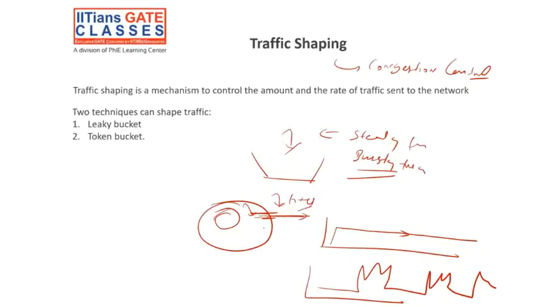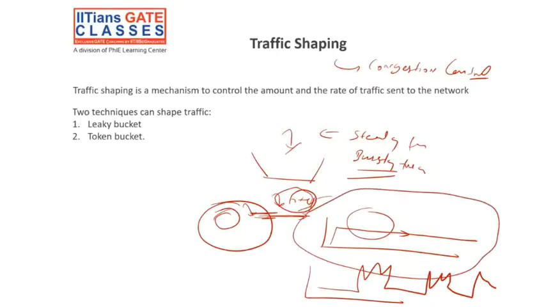If we make the output rate fixed, then for the other network, your congestion will be controlled, right? So on each router, you have to shape the traffic, right? If it is coming at 10 Mbps, which is very high, then we convert it into a 4 Mbps output rate. It means in another way we have to discard many packets. But for the next communication area, that congestion will be controlled.